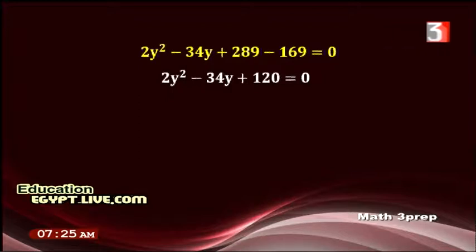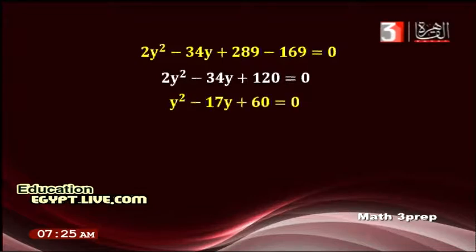When you look carefully at such an equation, you are going to notice that it can be divisible by 2, as its coefficients are all even numbers which can be divided by 2. So by dividing by 2, it will be y to the power of 2 minus 17y plus 60 equals 0.